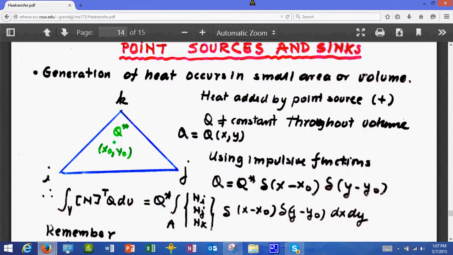Now you could have a situation where you have a two-dimensional finite element and it has either a source or a sink. So this we want to generate heat that occurs in a small area of the volume.